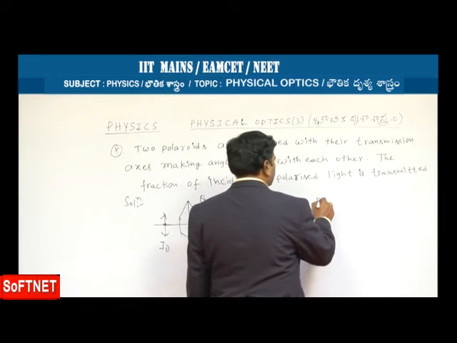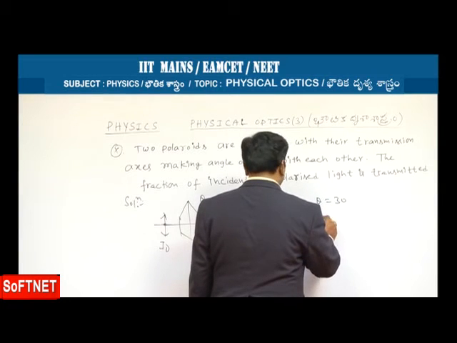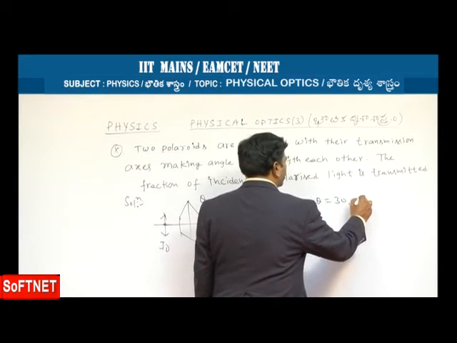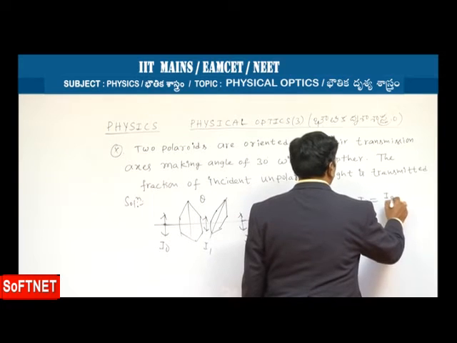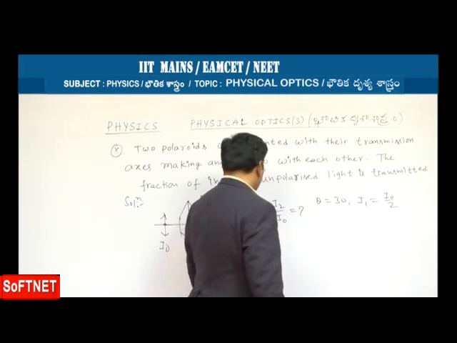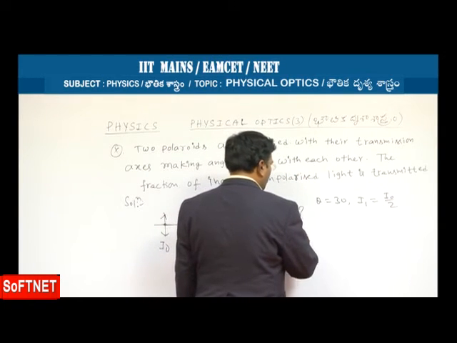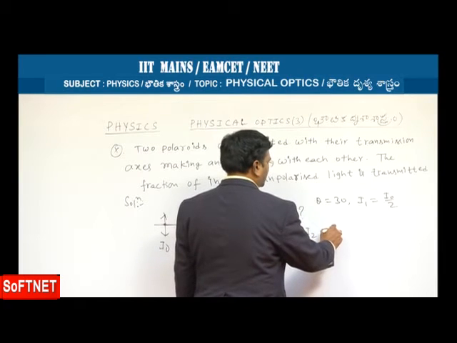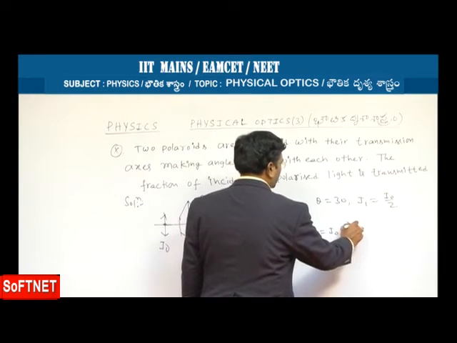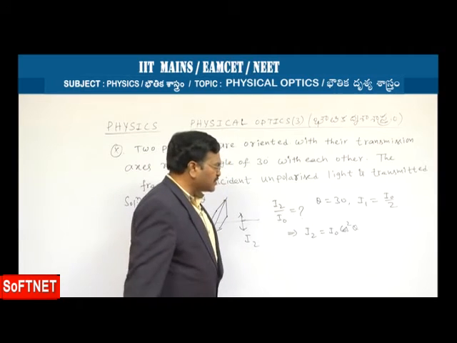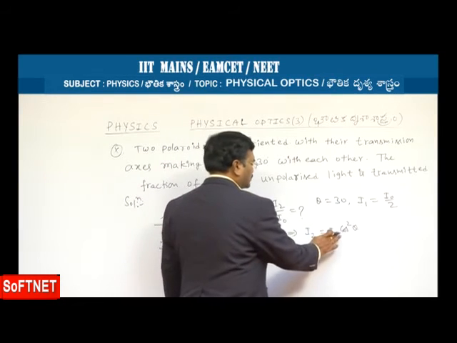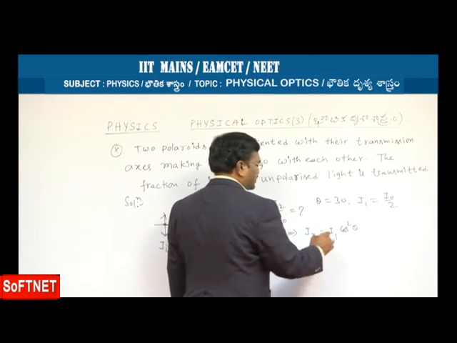According to our theory, I1 is equal to I naught by 2. From this, I2 according to Malus law is equal to I1 cos square theta.